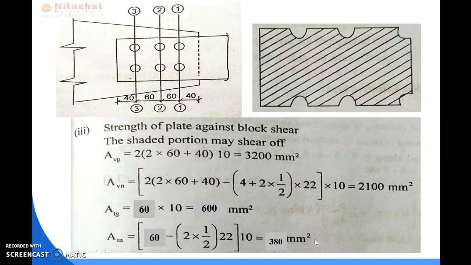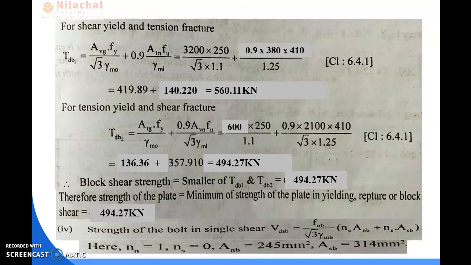So now comes to the third part of the strength calculation in the plate section, which is the block shear strength of the plate section. The block shear strength of the plate section is calculated by 2 formulas. The first one is your Tdb1 and the second one is your Tdb2.